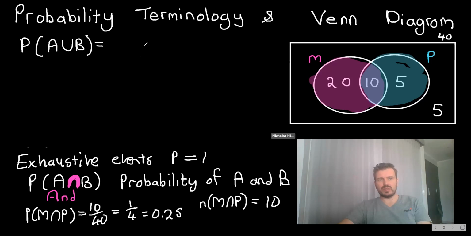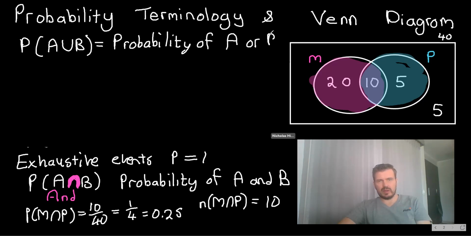A union B means A or B. So that means the probability of A or B. Now, if you remember the 'and' B, you just know the other one is 'or'.